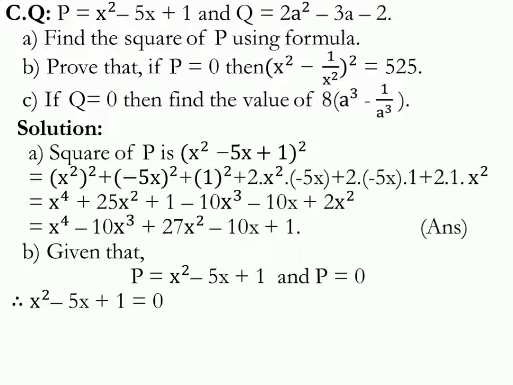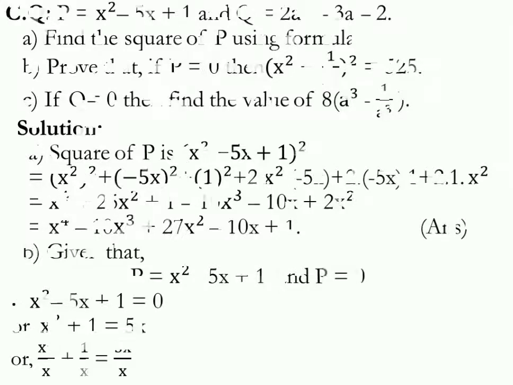Now if we take minus 5x on the right hand side, then it becomes x square plus 1 equals 5x. Now if we divide all terms by x, it looks like this, x square by x plus 1 by x equals 5x by x, and it becomes x plus 1 by x equals 5.